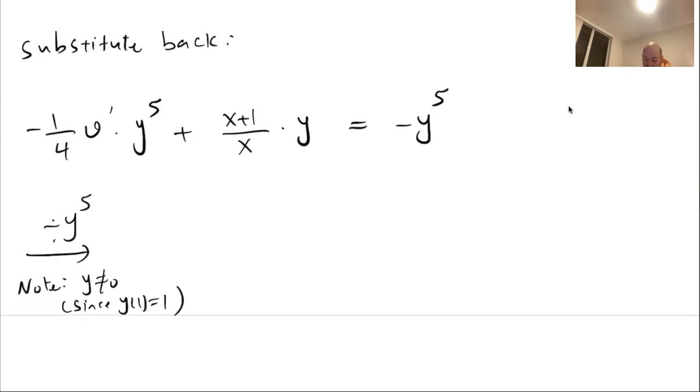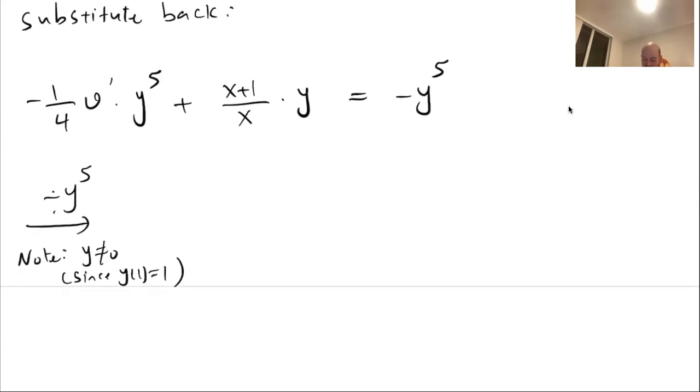So maybe I can note: y is not 0 since y of 1 is 1. So we can divide by y to power 5. Then I'll have minus 1 over 4 v prime plus x plus 1 over x times y to power minus 4.